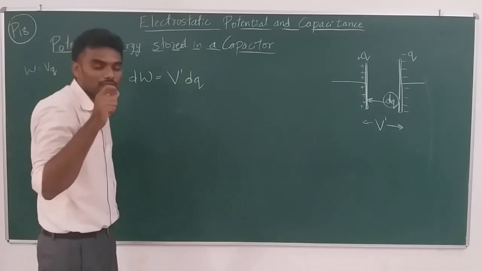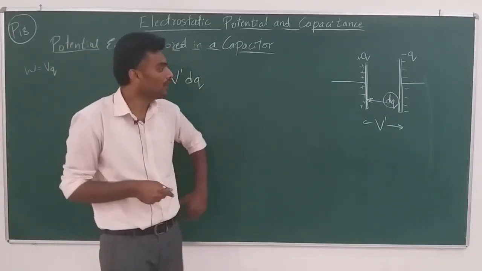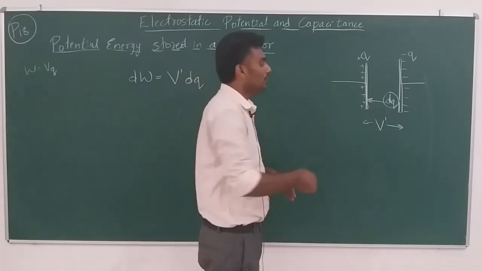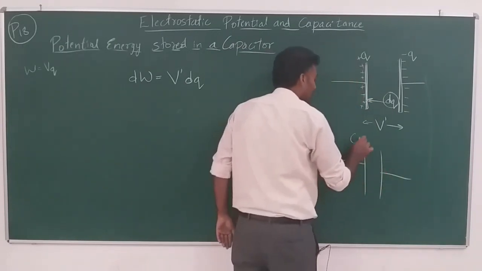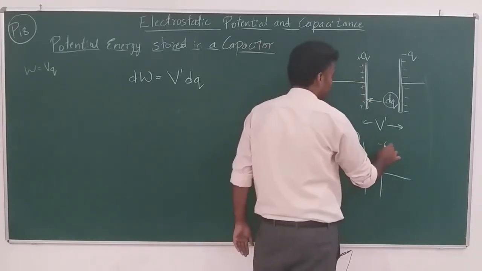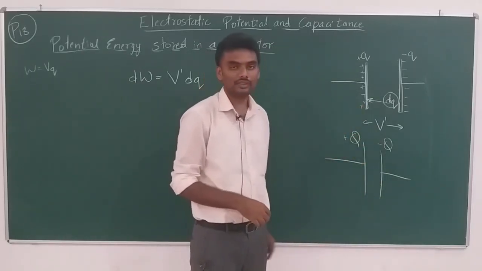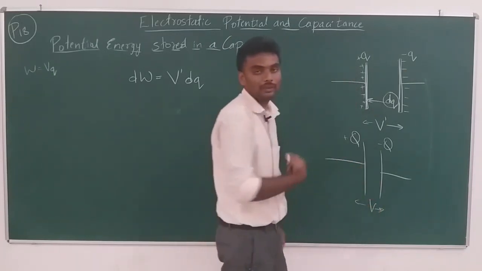But what we need is the total amount of work to charge this capacitor completely. Say when the capacitor is charged completely, capital Q is the total charge accumulated, and V is the final potential difference that exists between the plates.